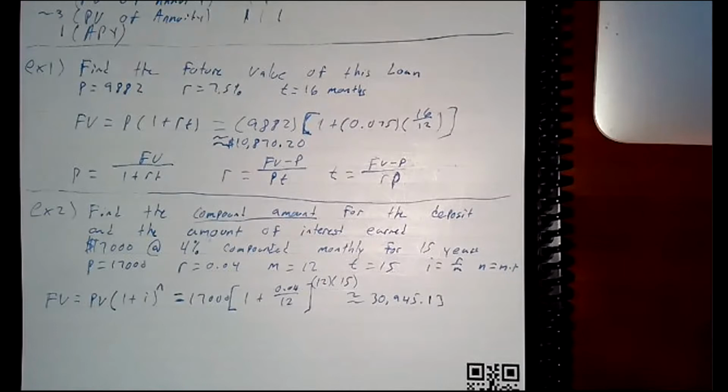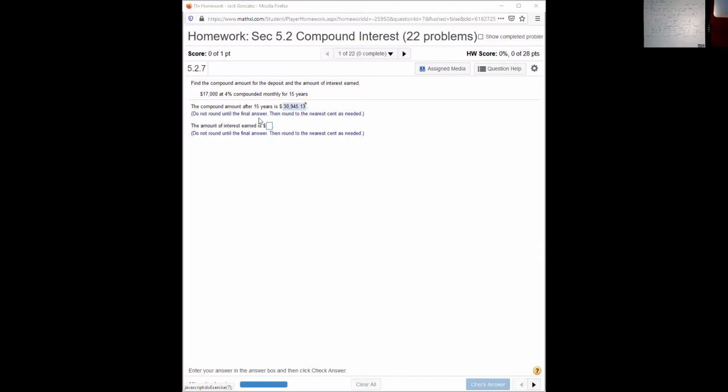Oh, that was wrong. Find the compound amount after. Okay. I'm sorry. Here, let me show you. So I thought they meant compound amount was the interest, but no, it is future value. I was mistaken. So we found 30,945.13, right? That's what we got in the calculator. So the interest would be what you subtract.